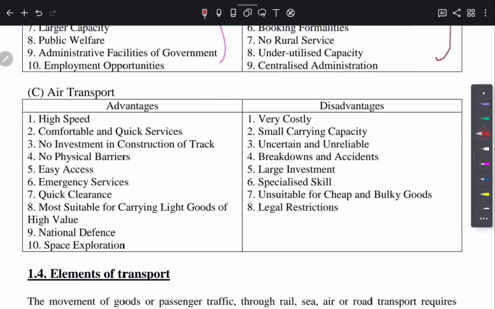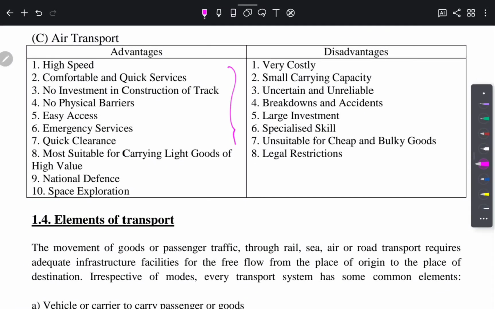Let's come to air transport, and some of the advantages are listed here, like it can provide high speed, hence less time taking, comfortable and quick services. There is no investment in construction of tracks. Also, there is no physical barrier, easy to access. Also, in case of disaster or emergency, it can provide emergency services.